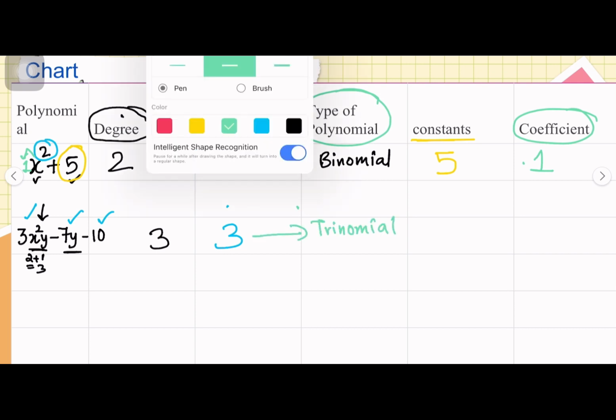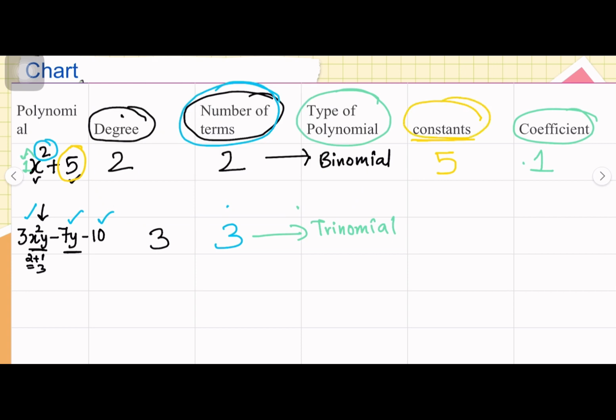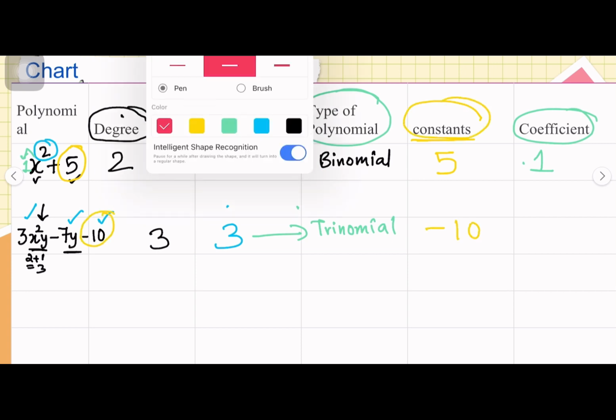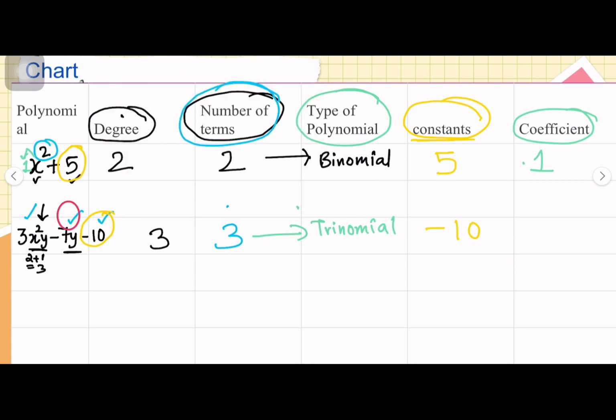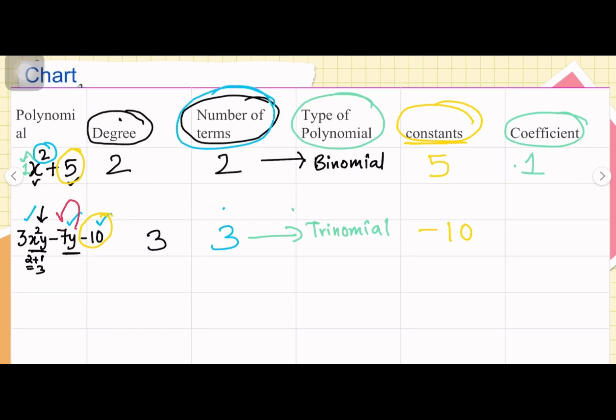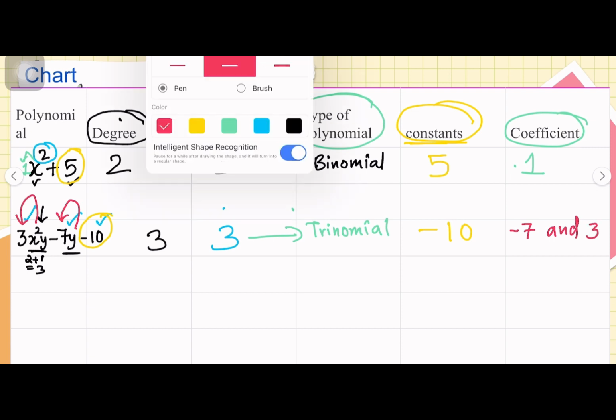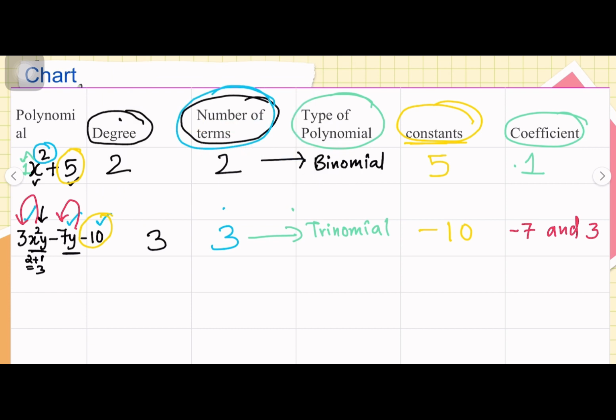Constant here, the number without variable, is -10. And your coefficient, there are 2 terms having variable, so coefficient of y is -7 and coefficient of x squared y is +3.